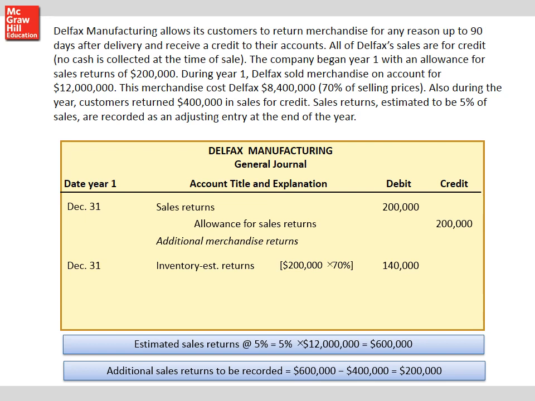Inventory estimated to be returned, an asset account. Inventory estimated for returns will be debited. That's the estimate of the cost of the inventory that will come back yet. $200,000 times 70%, and cost of goods sold is credited for the remaining amount.